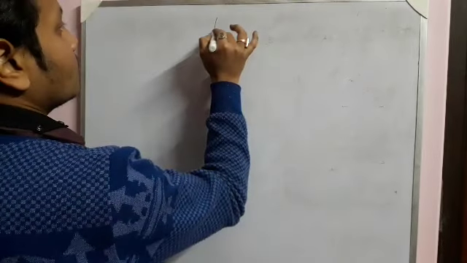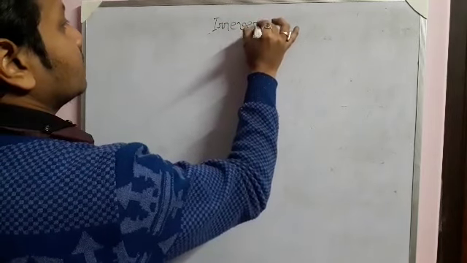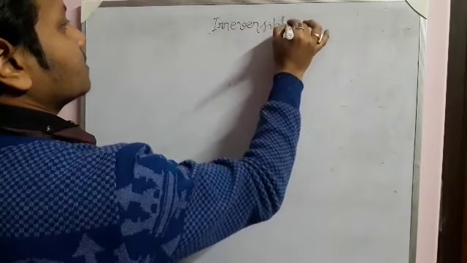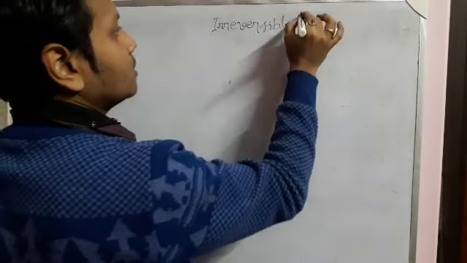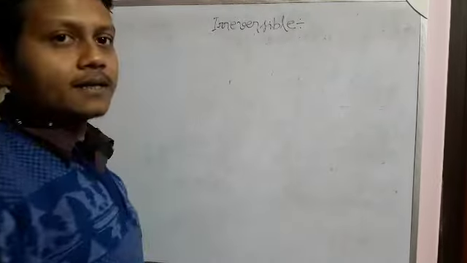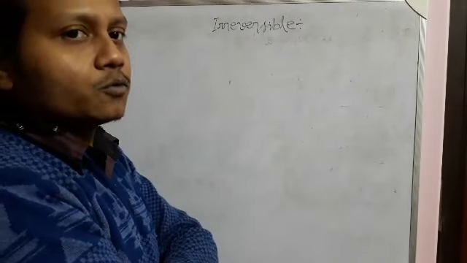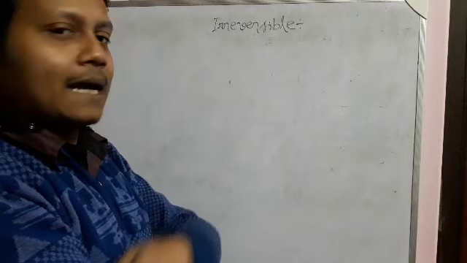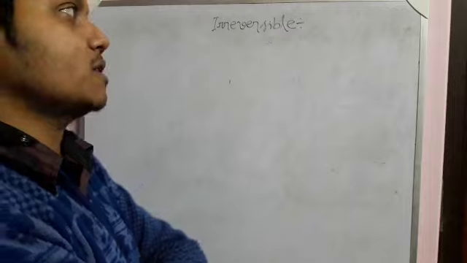What is an irreversible process? Simply the opposite: this process cannot be retraced in the opposite direction. That is called an irreversible process.